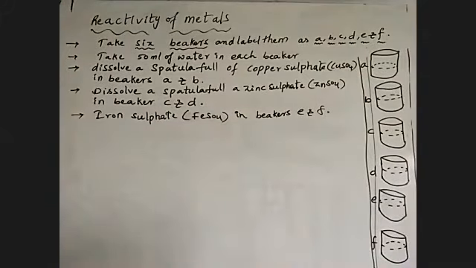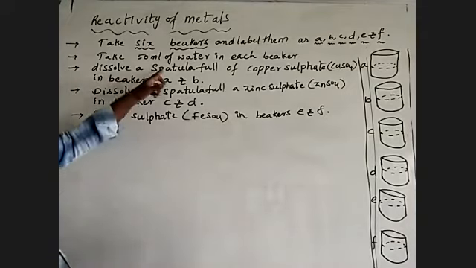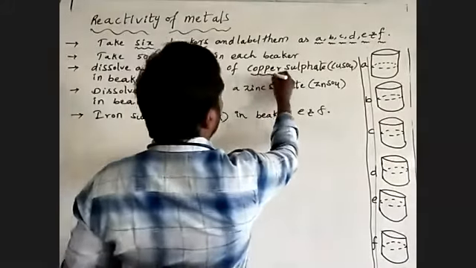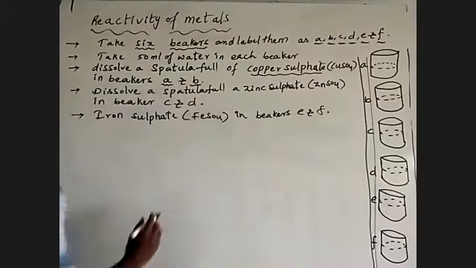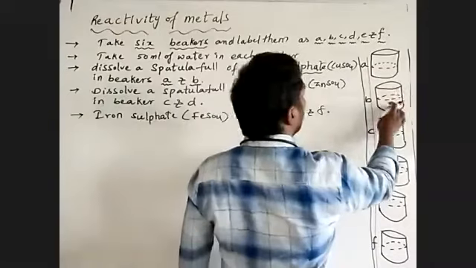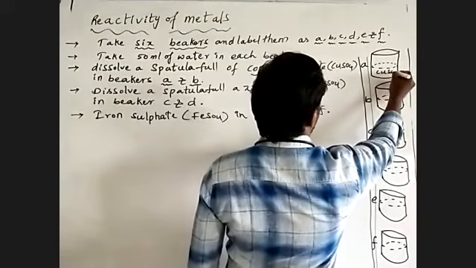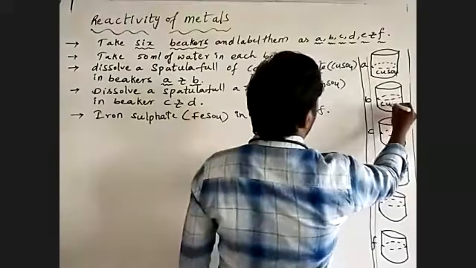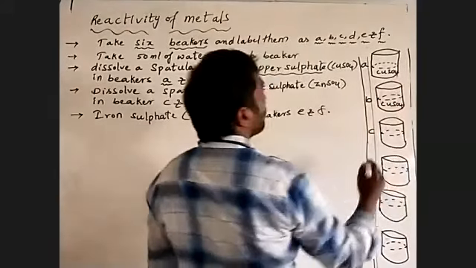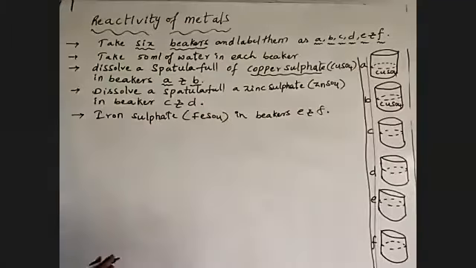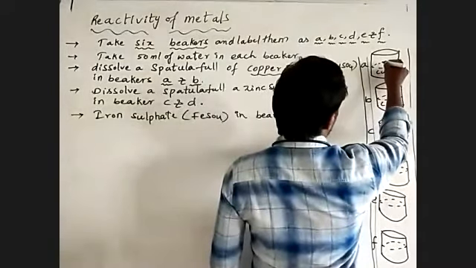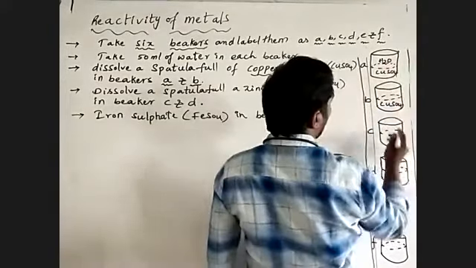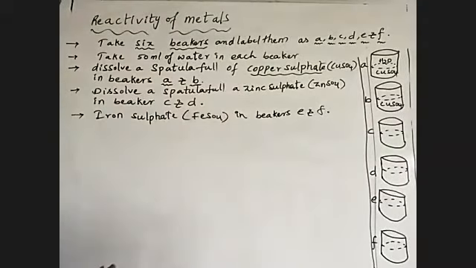Is that visible to you? So what are we doing? We are taking a spatula full of copper sulfate in beakers A and B. Before, there was only water, whose molecular formula is H2O, in each beaker.